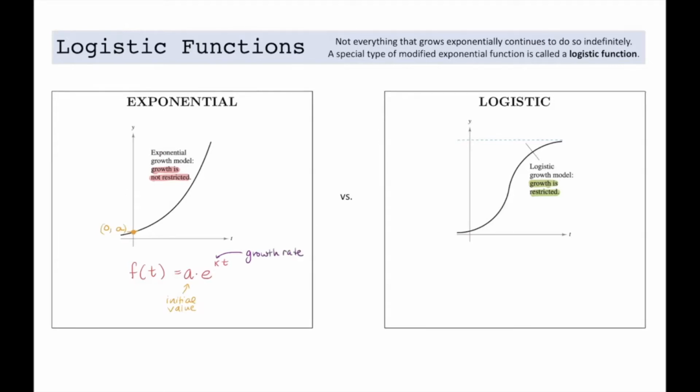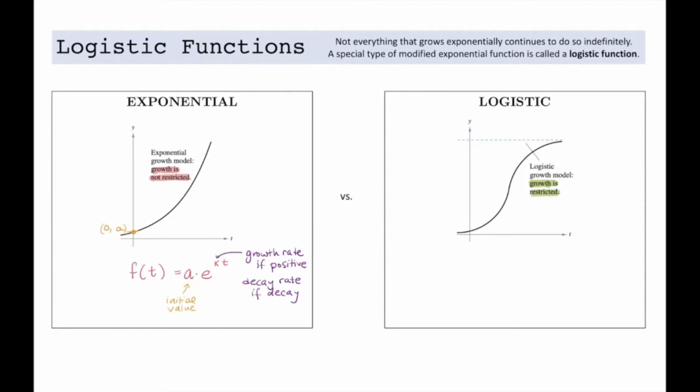If k is positive, then this is growth, and if k is negative, then it's called the decay rate. So whether this value is positive or negative tells you if your function is growing or decaying. Decay would look like this, not great, but the opposite kind of relationship, decreasing forever.